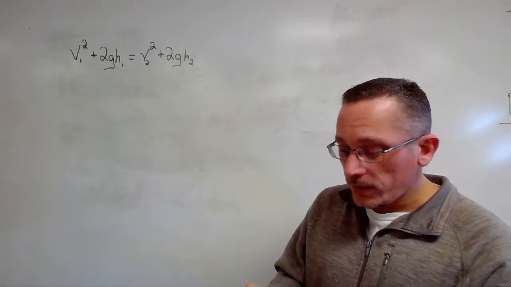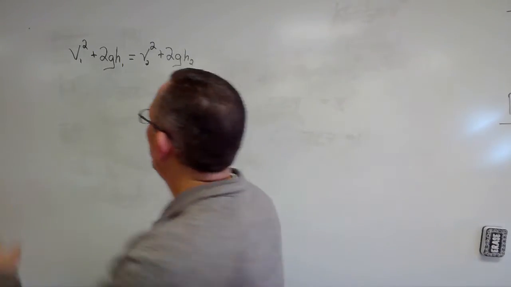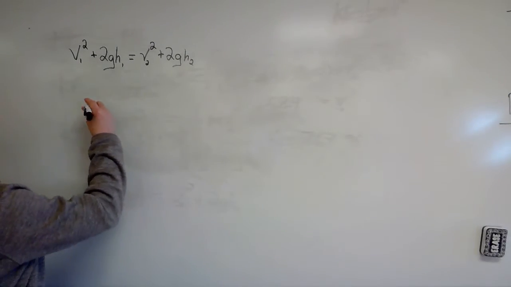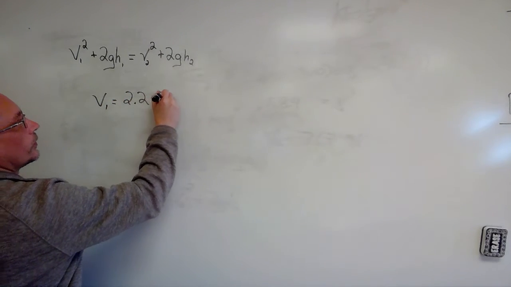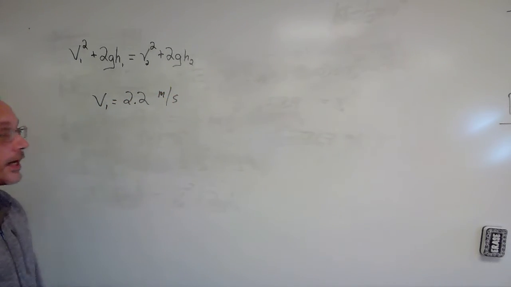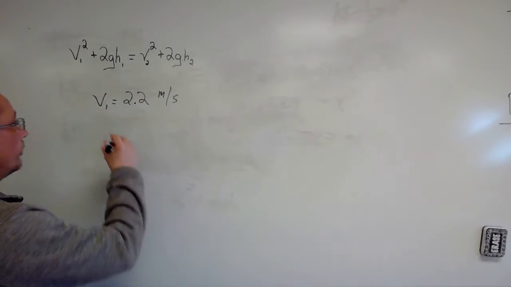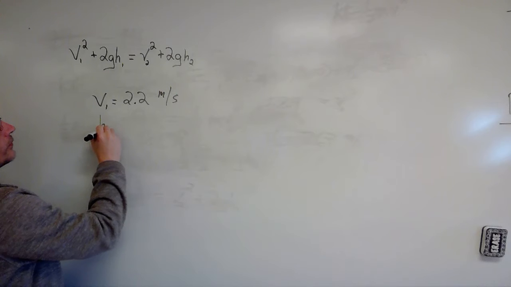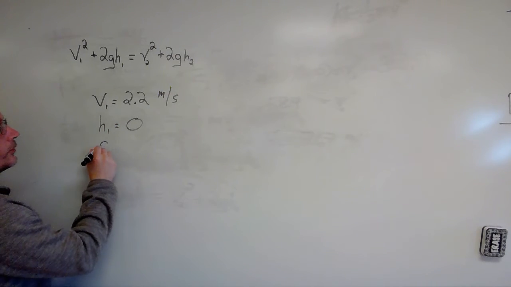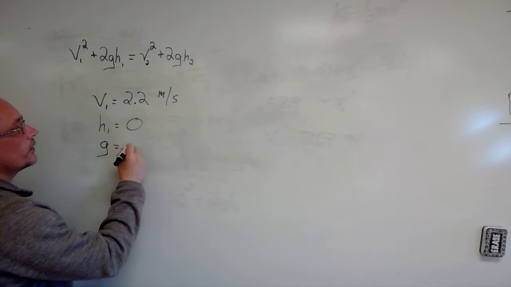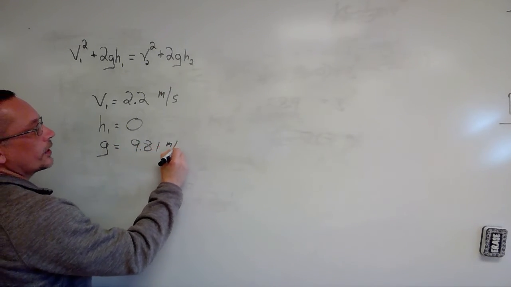So what it's telling me is the runner's initial speed, that would be v1, was 2.2 meters per second. I can assume that the runner started from a height of 0, so that h1 is 0. Then of course g, I don't think my runner is running on the moon, so let's make it 9.81 meters per second squared.